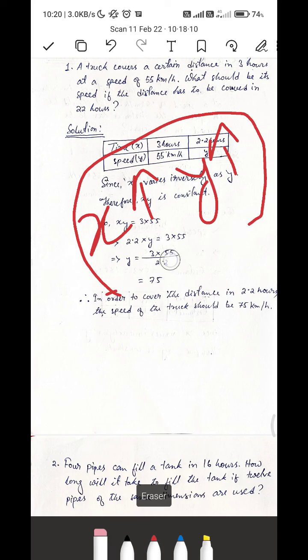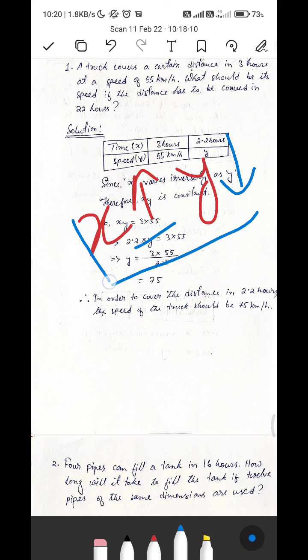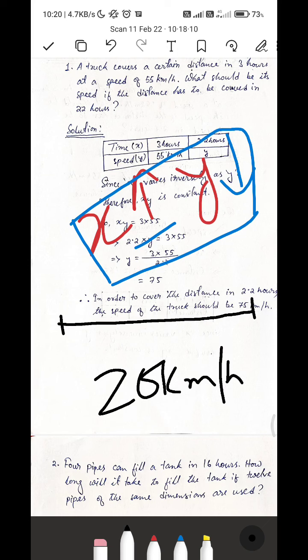But in this particular exercise, that is exercise number 11.2, we will discuss inverse variation, where an increase in one variable will cause a decrease in another variable and vice versa. Now what does this mean, students? Let me give you one example. If you are traveling from your home to Lala at a speed of 20 km per hour, and suppose you took 5 minutes.